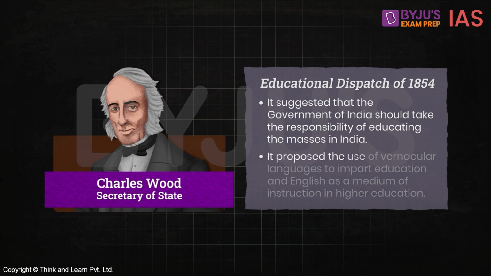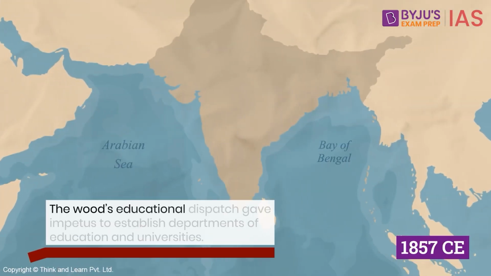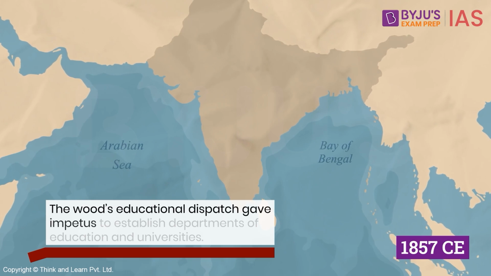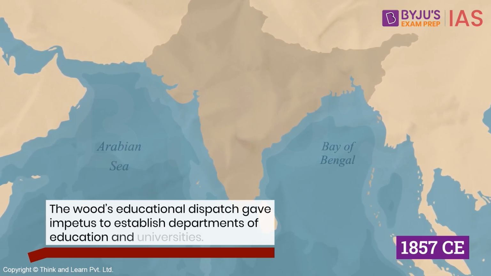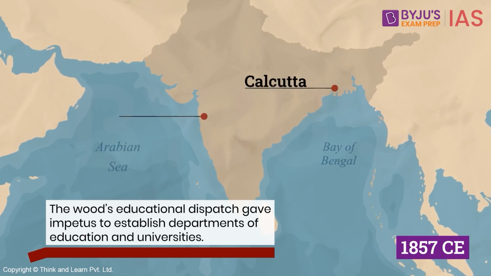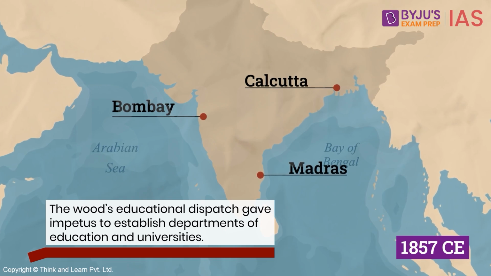It proposed the use of vernacular languages to impart education in primary schools and English as the medium of instruction in higher education. The significance of Wood's dispatch was that it gave the impetus to establish departments of education and universities in Calcutta, Bombay and Madras by 1857.